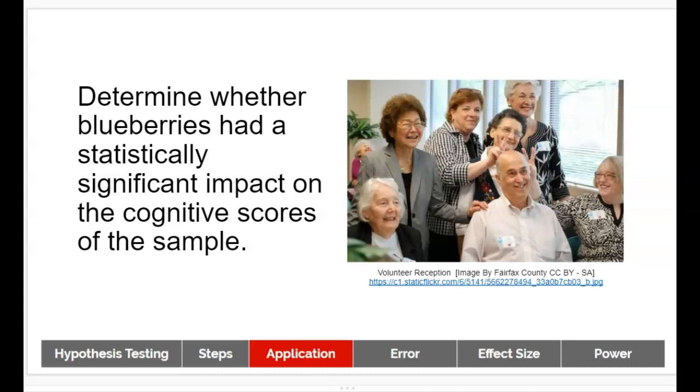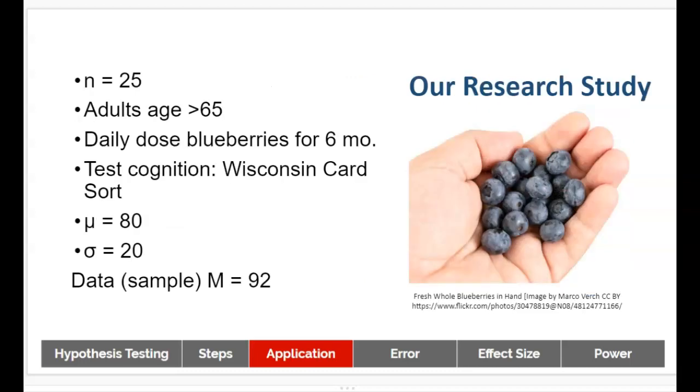From a population of older adults greater than 65, I've randomly sampled and selected 25 individuals. I am asking them to increase their daily dose of blueberries for 6 months. I probably would prescribe a particular amount, let's say, a cup a day for 6 months.